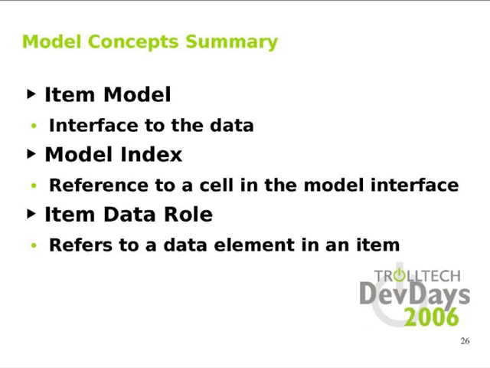It's a defined interface that enables us to communicate about data structures and data in a generic way, which gives us the possibility of changing out the model or the views as we please, really. Then we have the model index. It's a short-lived, tiny object that indicates a position in your data structure. And finally, we have the item data role, which indicates which piece of data of the item we're interested in.